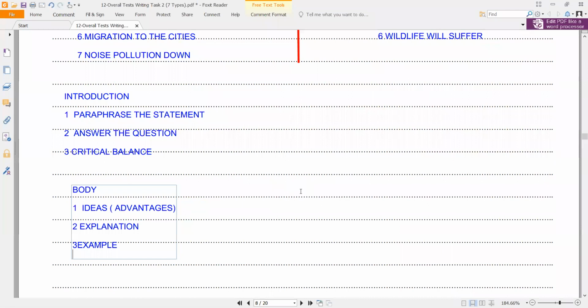Body paragraph 2 is the same thing again. So what do you do in body paragraph 2? You give the same things, ideas, which in this case are going to be disadvantages. And you explain them. So you provide an explanation of those ideas. And the third thing is an example.